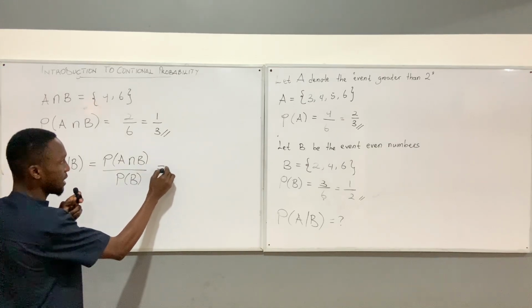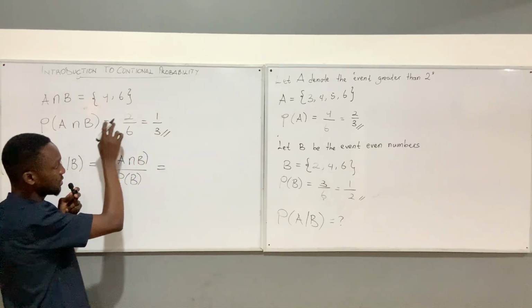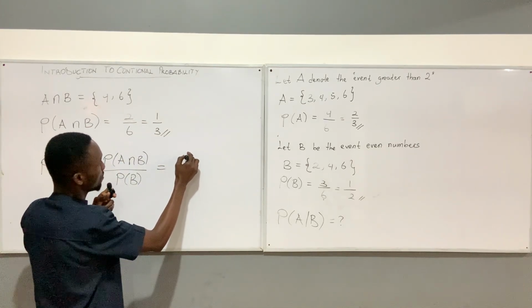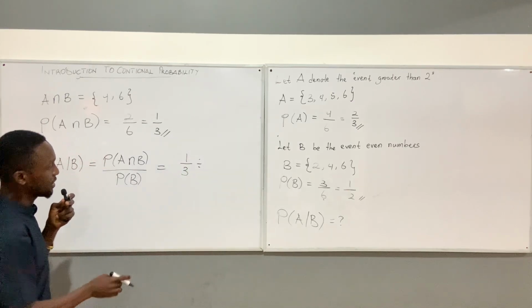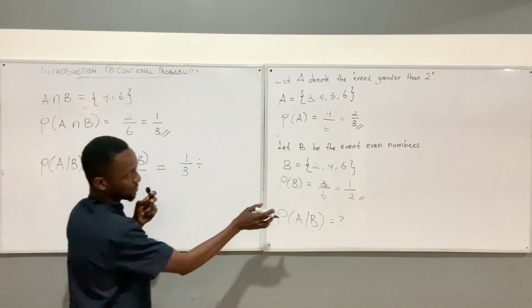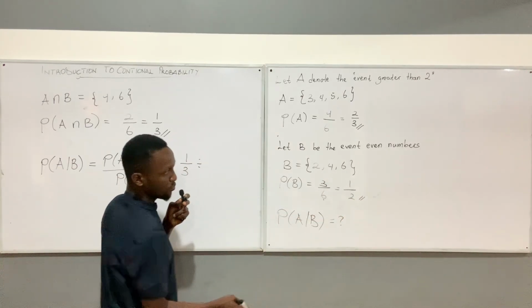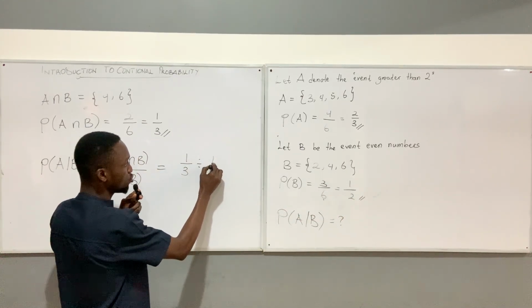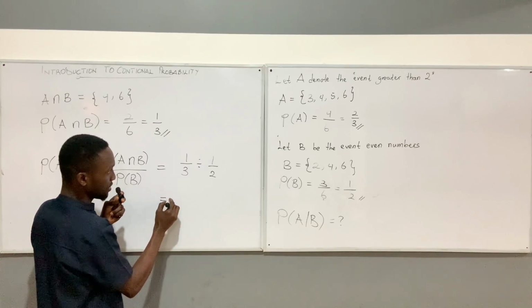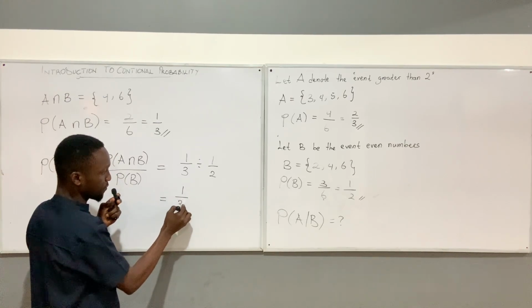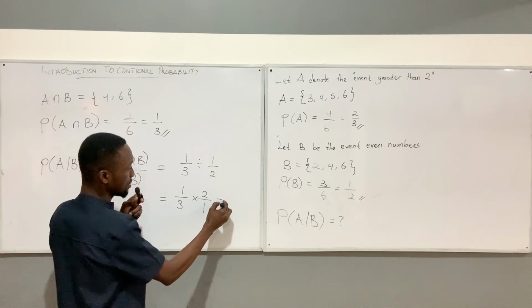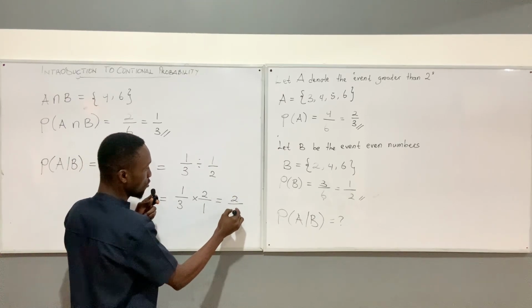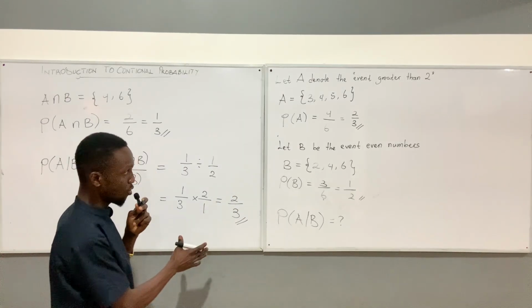So now we know that A intersection B gave us 1 out of 3, divided by the probability of B, and we got that to be 1 out of 2. Do you get it? When I solve this, I have 1 out of 3 times 2 out of 1, which gives us 2 over 3. So that will be all for this exercise.